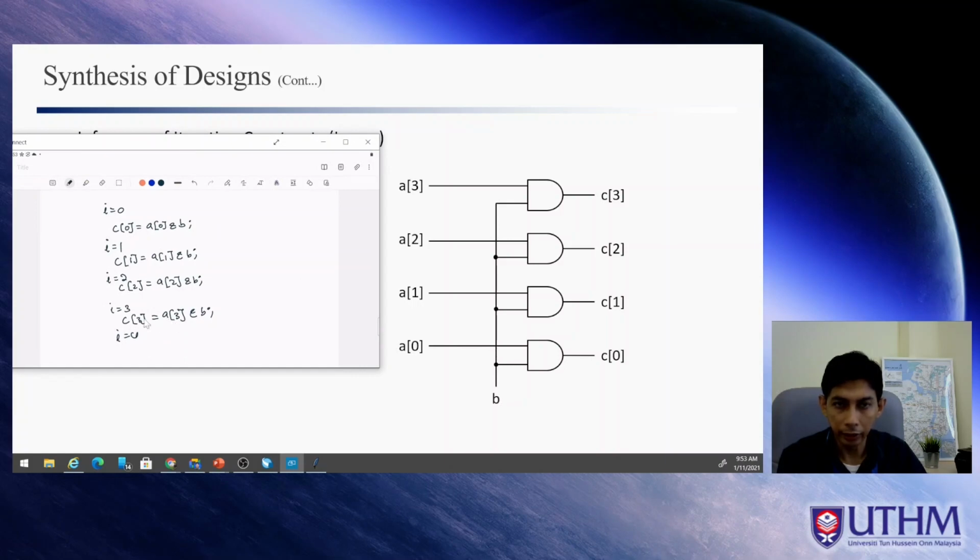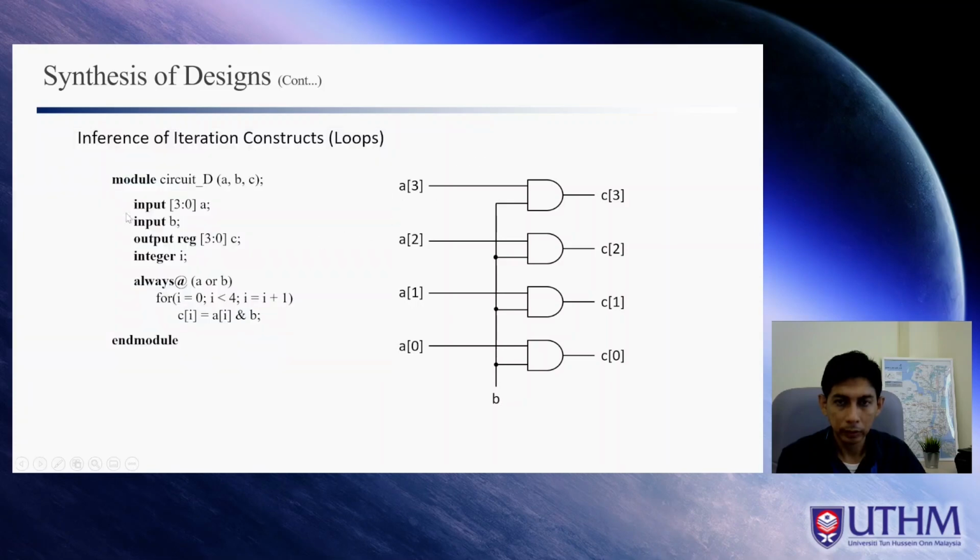C3 is actually A3 and B. And if I equal to 2, C2 is A2 and B. And same as this one, A1 and B, we have C1. And A0 and B, we have C0. All right. So this code will be synthesized into this circuit.